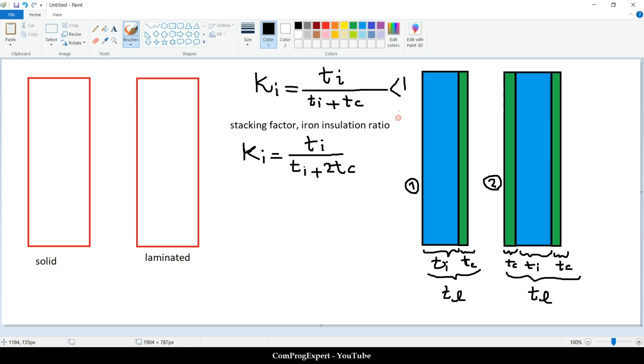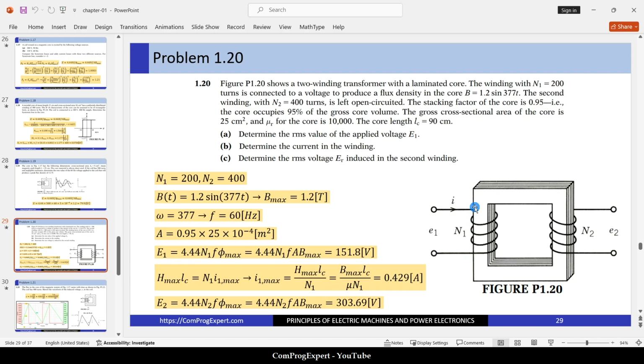So this ratio is lower than 1, and we should consider this ratio when we calculate the reluctance of the iron, the reluctance of the core.